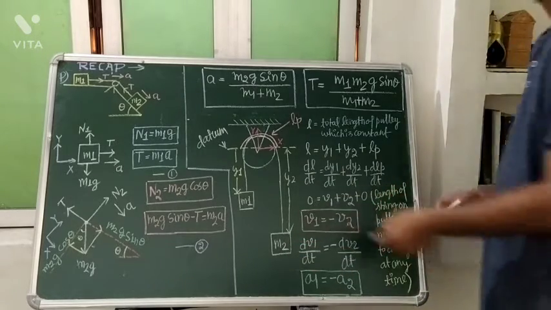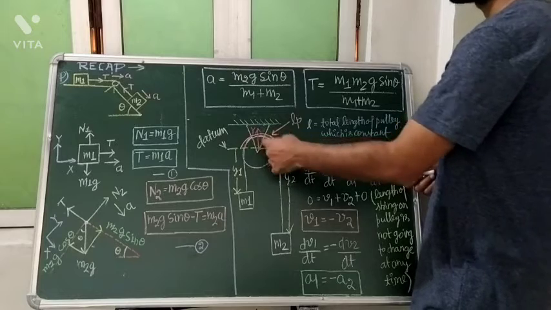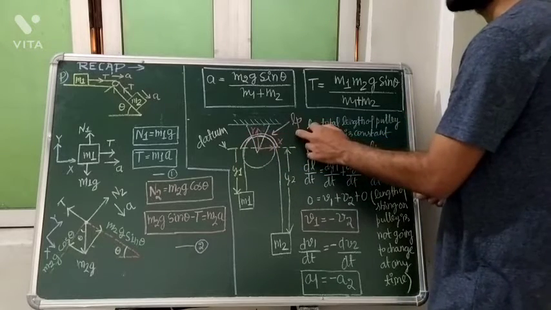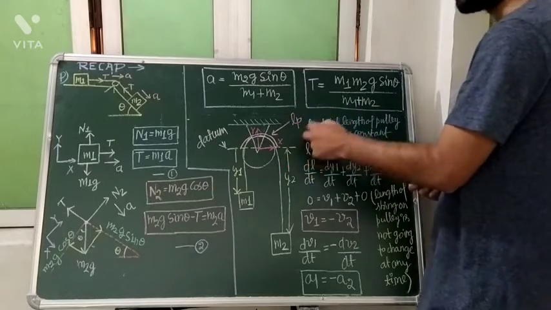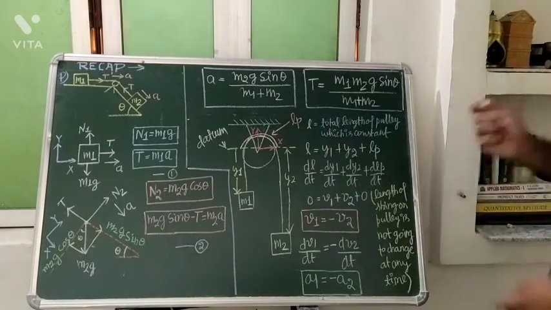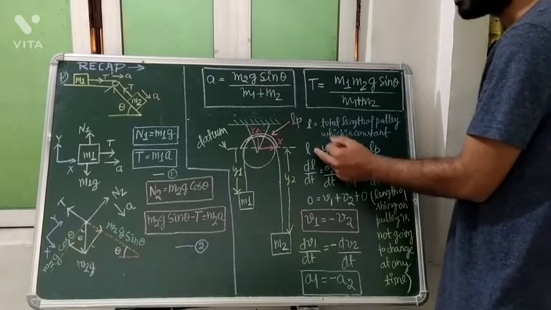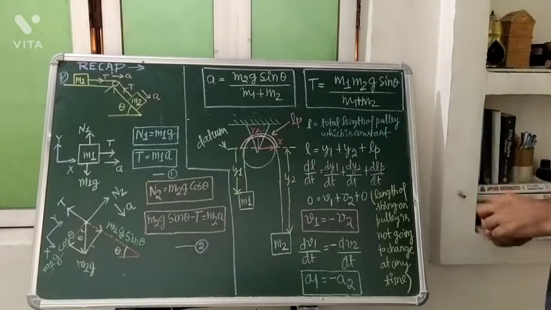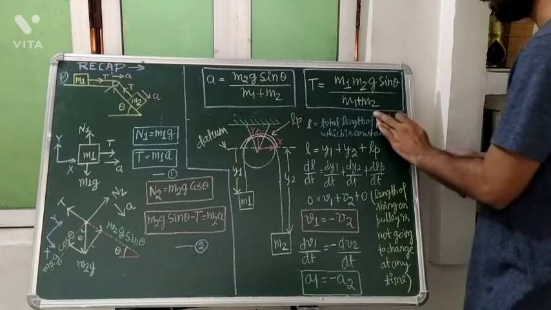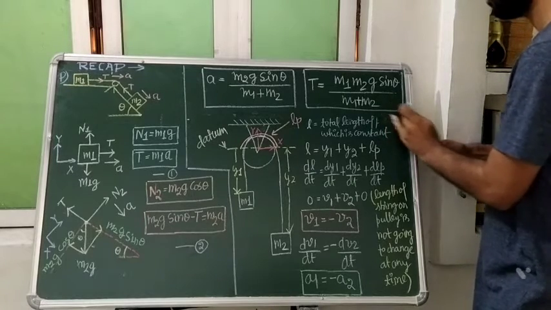And of course, students, the length of the string on the pulley we are denoting by LP. So our total length will be the total length of the string, I'm sorry, here it will be string, not pulley.